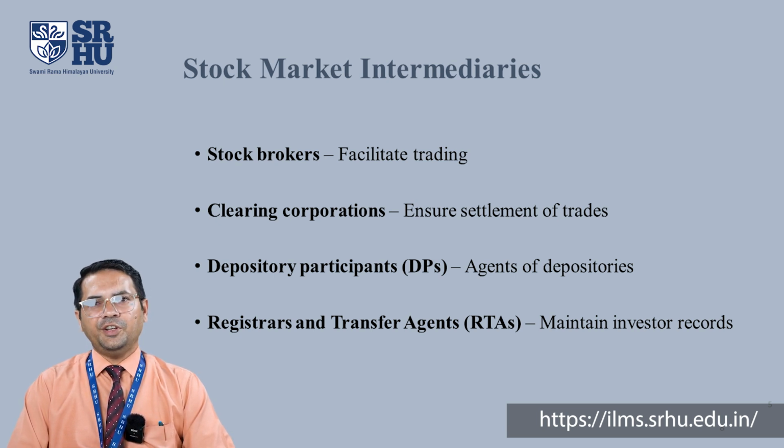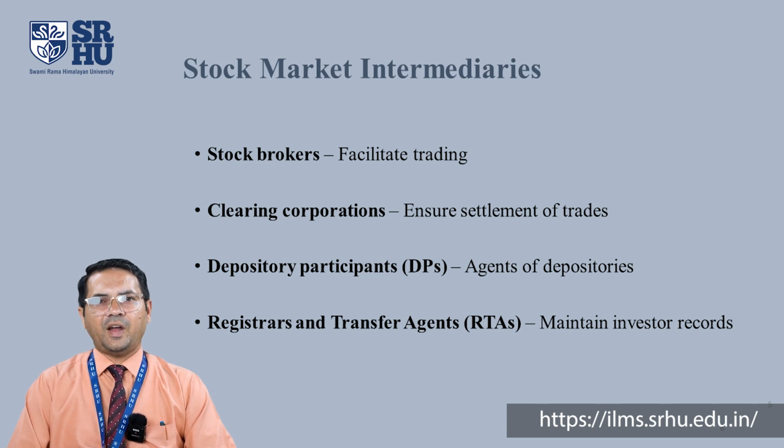The next important term is DP, which is also an intermediary. DP stands for depository participants. These are the agents of depositories like NSDL and CDSL. They open and manage demat accounts for investors.